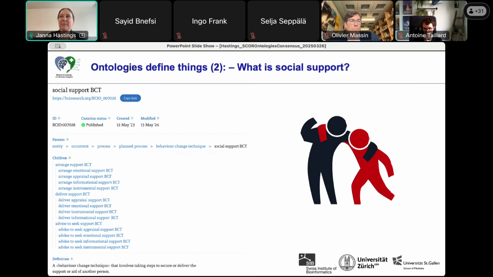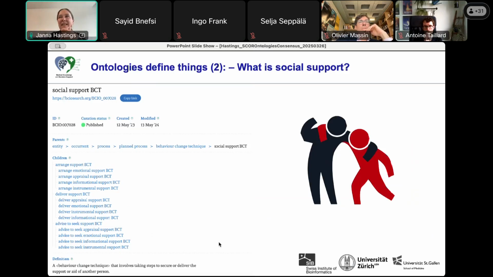For example, they can have support along a dimension. Is the support emotional? Is it informational but provided by a different person, or is it really instrumental? Has the social support involved the person actually helping or doing something for them, like going shopping for them?